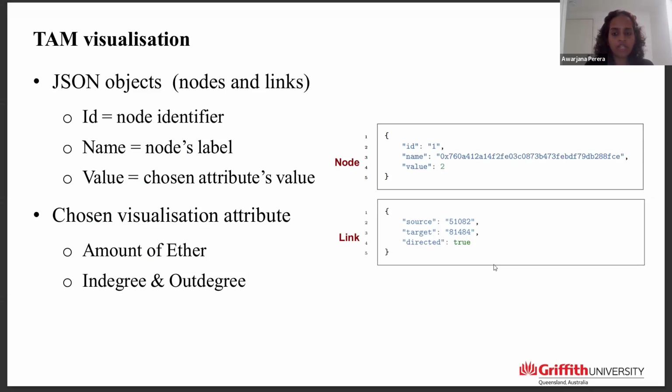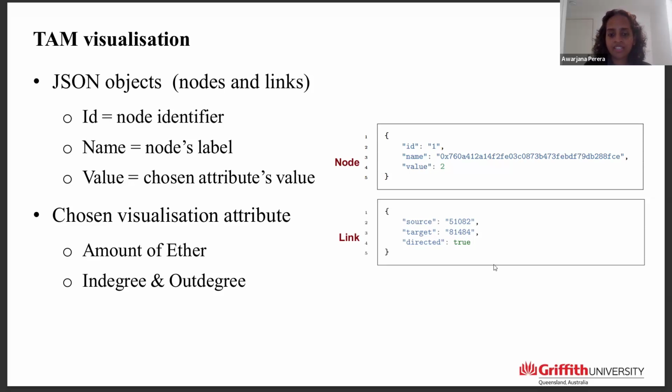For the name in our application, the EOA address was specified, and for the value, whatever attribute we were planning to use was specified. In this case, we visualized data using two different attributes, initially based on amount of ether, and then in-degree and out-degree.